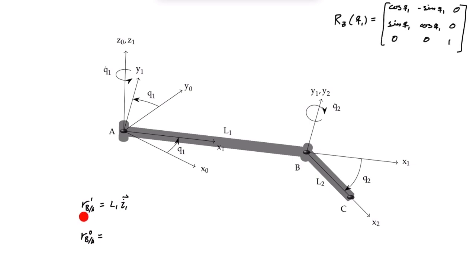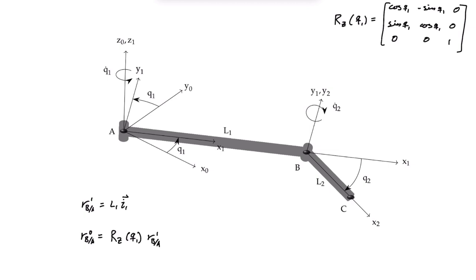So to rotate this vector here, we can just multiply with this matrix. So we will just write rz of q1 multiplied by the vector BA. As you can see, we rotate counterclockwise, which means that the minus is here and not here.